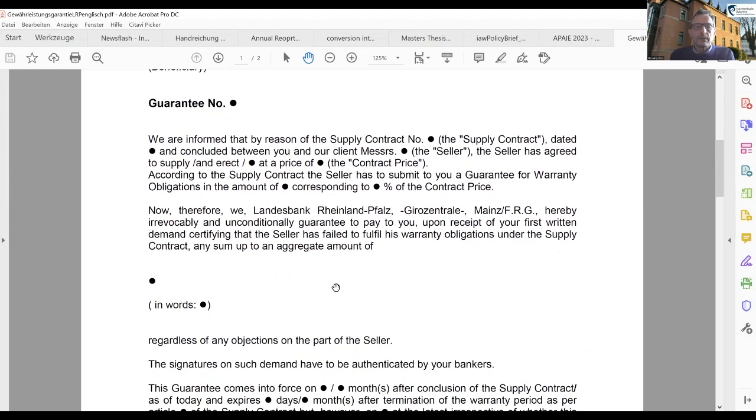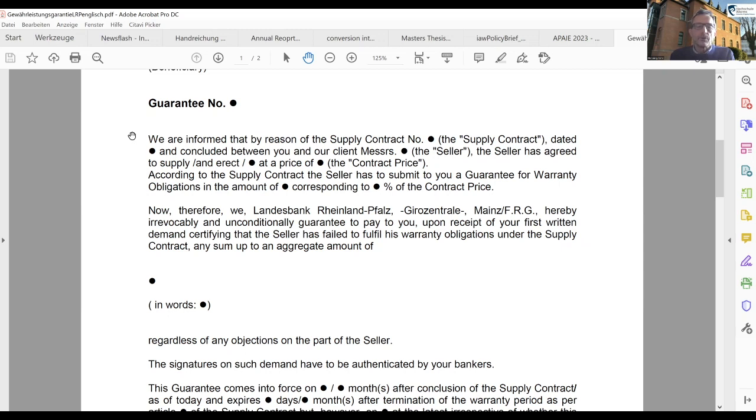The very first part here means we are informed that, and so on. That's only corresponding to the contract to show why the guarantee is established, nothing more.